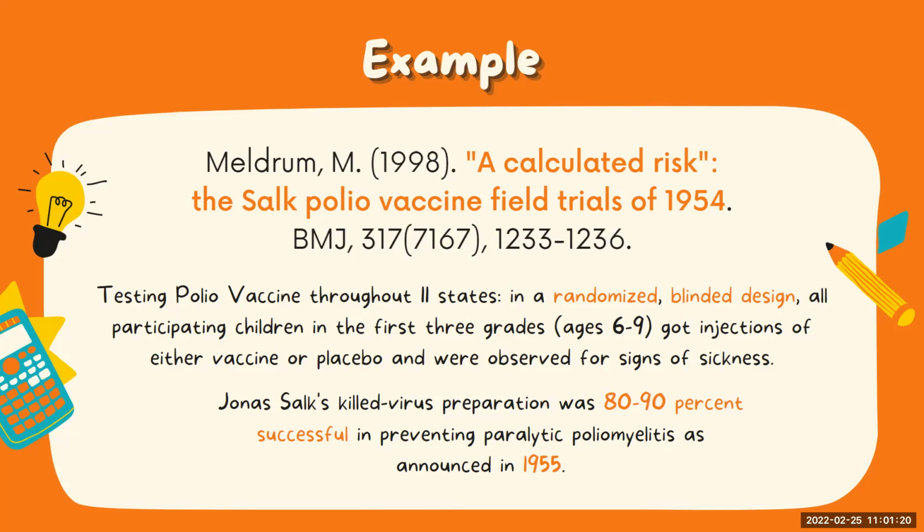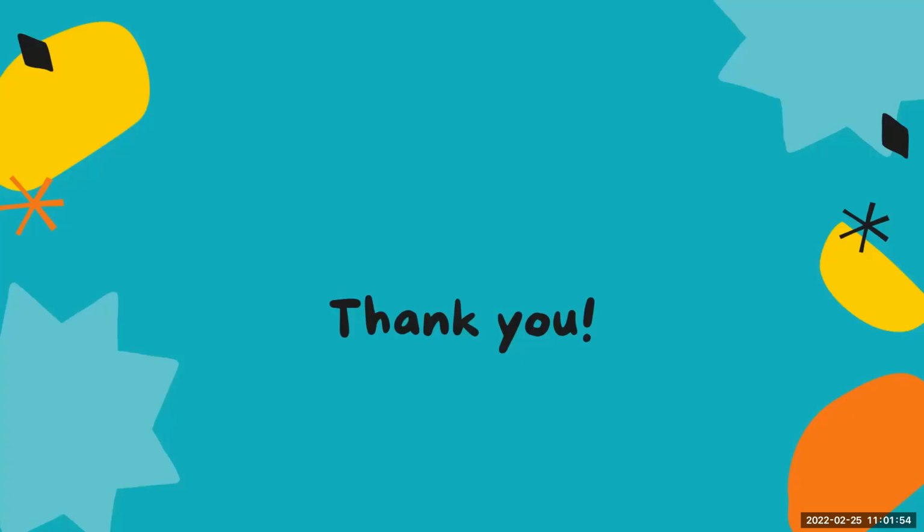All participating children in the first three grades, aged 6 to 9, got injections of either vaccine or placebo and were observed for signs of sickness. Jonas Salk's killed virus preparation was later found to be 80 to 90% successful in preventing paralytic poliomyelitis, as announced in 1955.